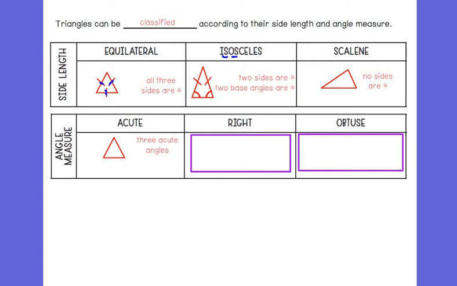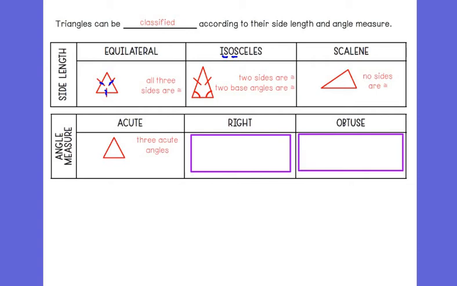Okay, here's an example of a right triangle. Do you see the right angle? Yes, I see the right angle right here in the corner. These other 2, are they also right angles? No. Are they obtuse? What are they? They're 2 acute angles.